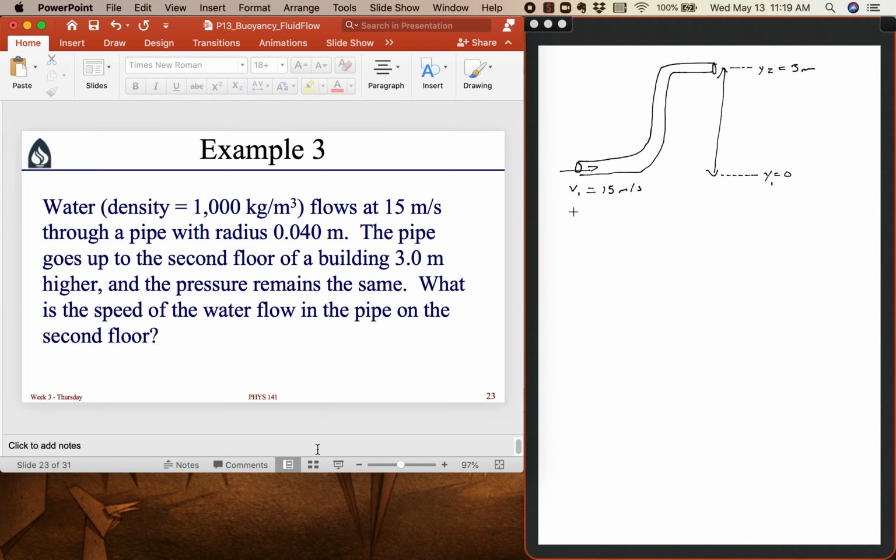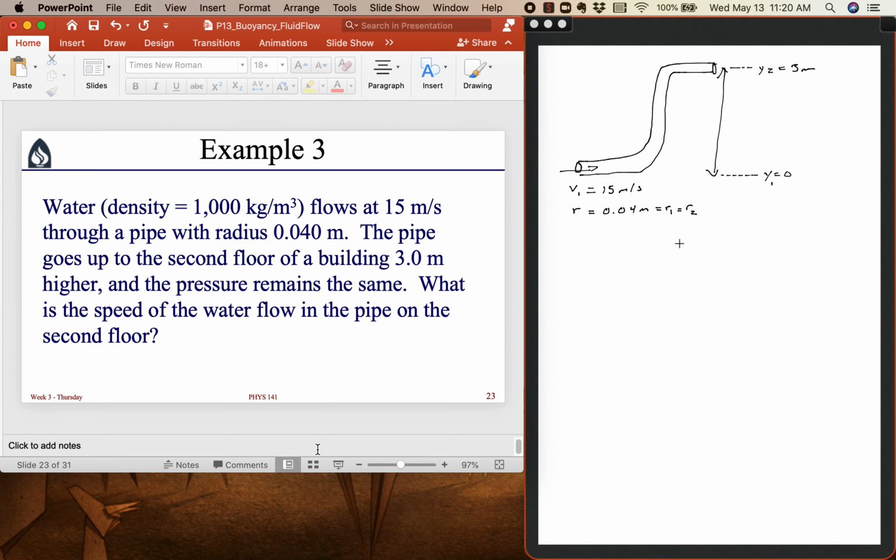And we also know the radius of the pipe is equal to 0.04 meters. And the radius of the pipe doesn't change. We're not told that the radius is different on one end than the other. So this is going to be equal to R1. It's also going to be equal to R2. So the radius of the pipe does not change.